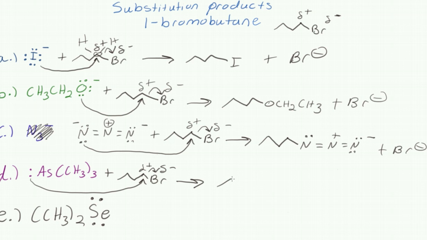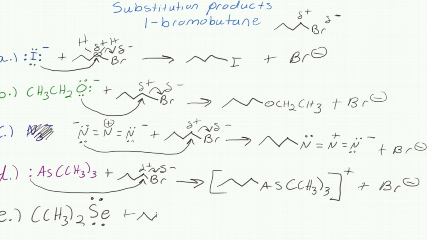So it will look something like this. Positively charged because our nucleophile was neutral, and now it will form a positive product. Can't forget our bromine.